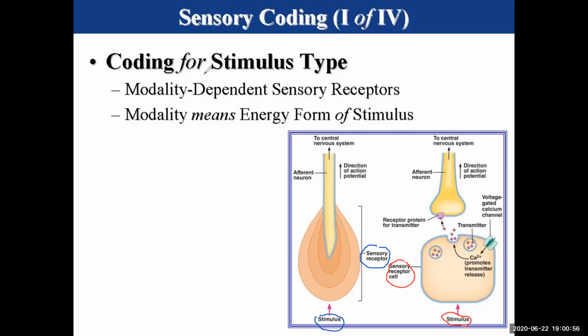So this is how the brain recognizes the type of the stimulus: due to the existence of different types of sensory receptors capable of recognizing a very specific type of modality.